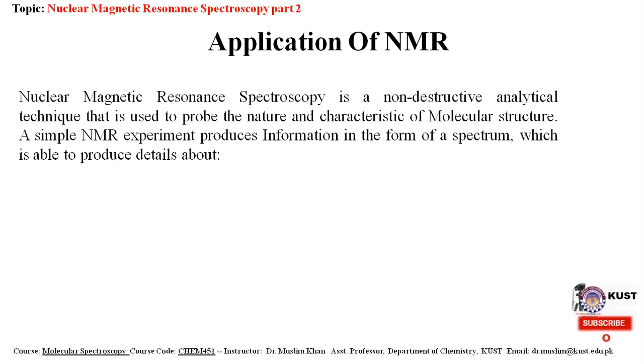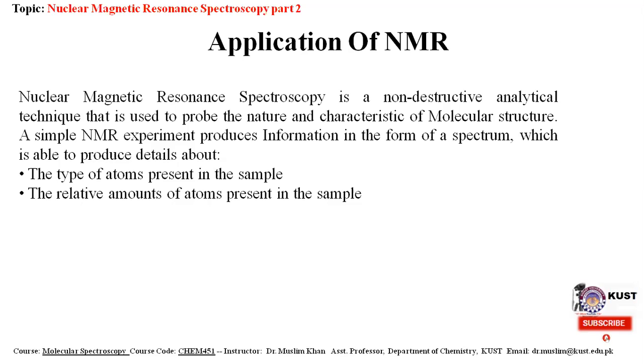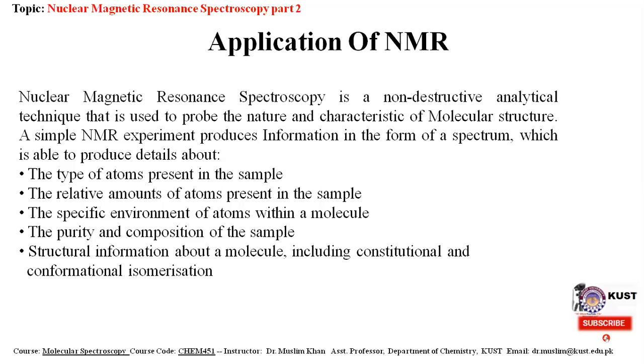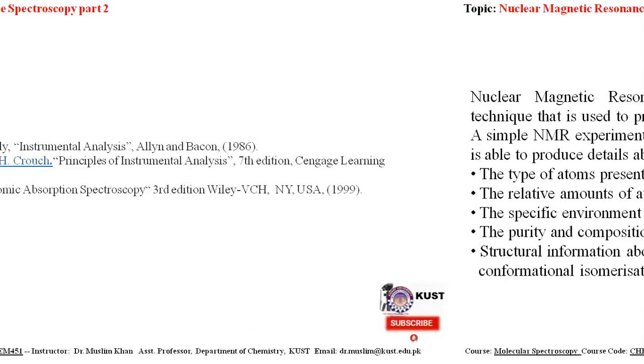A simple NMR experiment produces information in the form of a spectrum, which gives detail about the type of atoms present in the sample, the relative amount of atoms present, the specific environment of atoms within a molecule, the purity and composition of the sample, and structural information about a molecule, including constitutional and conformational isomerism.